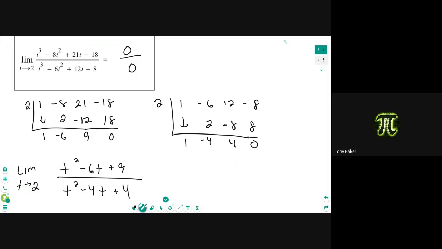The middle is negative 8. So you have 4 minus 8 plus 4 is 0. So this comes out to be 1 over 0. Okay, so if I get my limit going to 1 over 0, what does that mean that limit's going to go to?